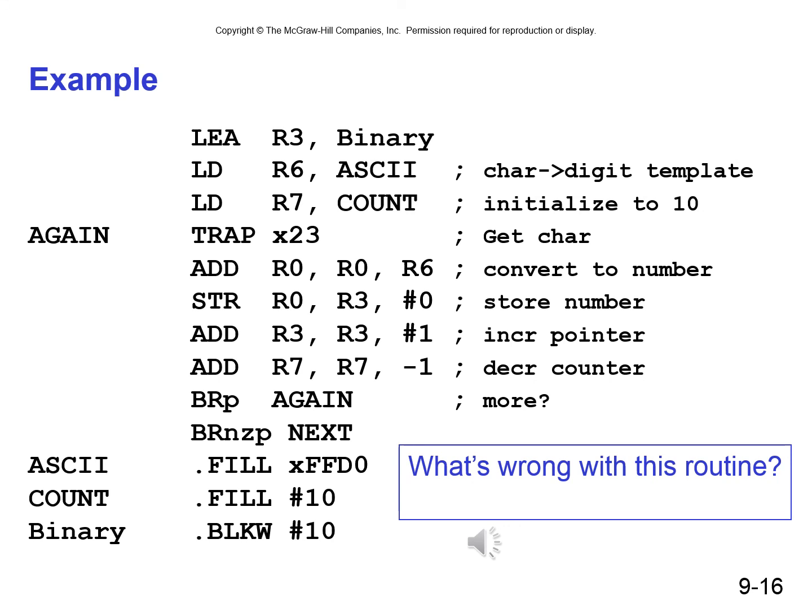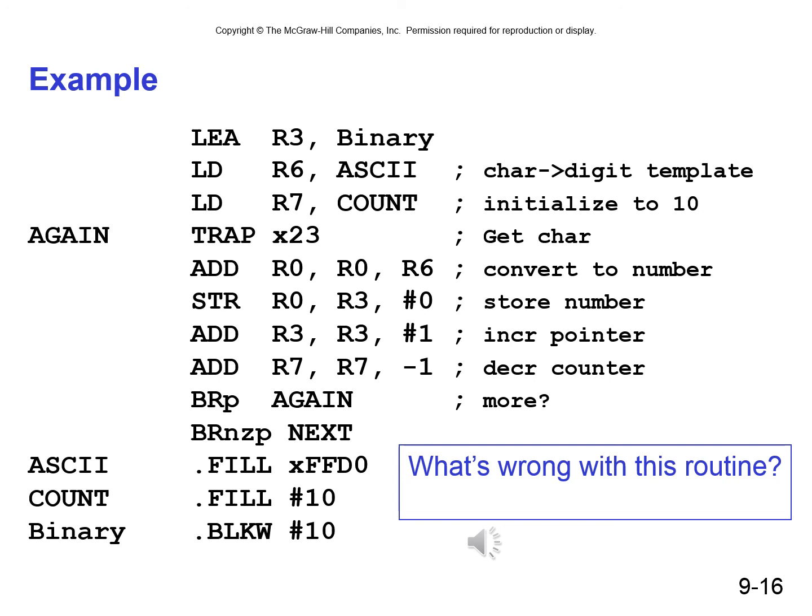So what's wrong with this routine? Can you tell me what's wrong with this routine? Probably not a great idea to use R7 when we know R7 is going to be the linkage back from the trap routine, and R7 will hold a specific value as we call the trap routine. Look, that's the last instruction at the bottom of the loop, in the body of the loop.